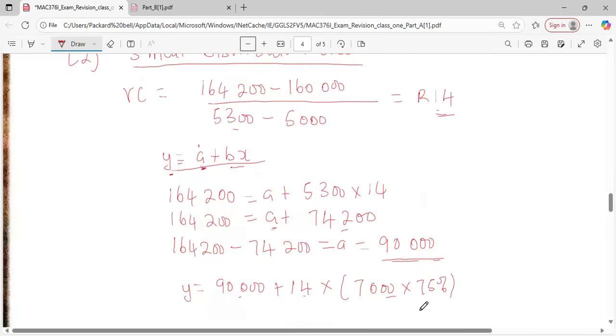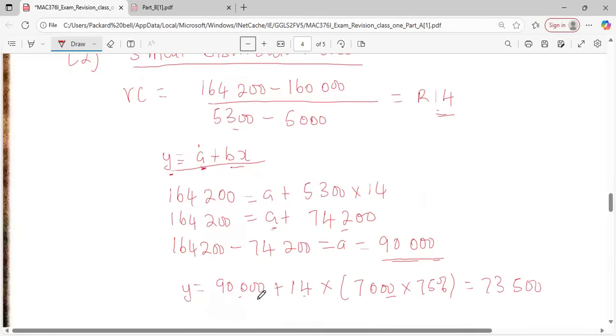7,000 times 75% times 14, that is 73,500, plus 90,000. It's going to be 163,500. So this one is 73,500.